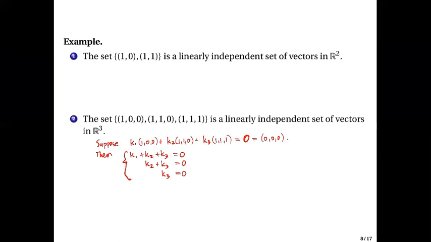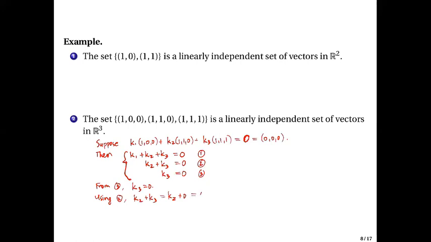So this implies, so let's label this k1, equation 1, equation 2, equation 3. Let's write this here in words. From equation 3, we have k3 equals 0. Using equation 2, you have k2 plus k3, but k3 is equal to 0, so you just have k2 plus 0.